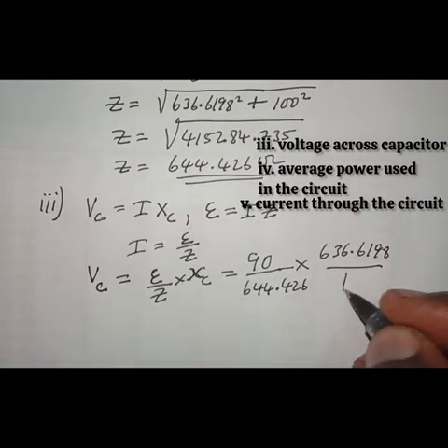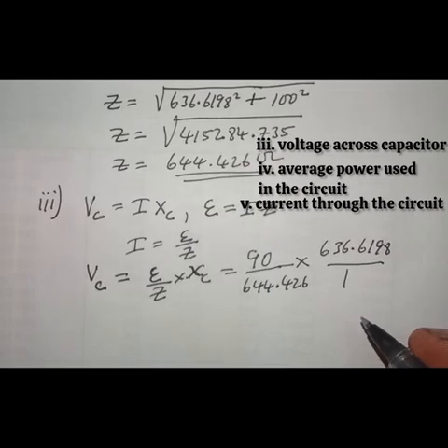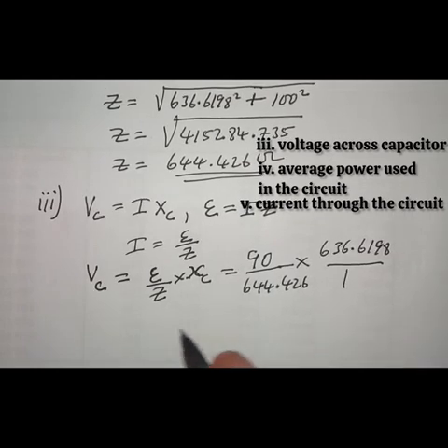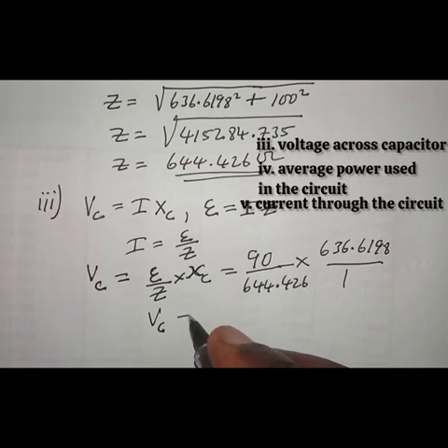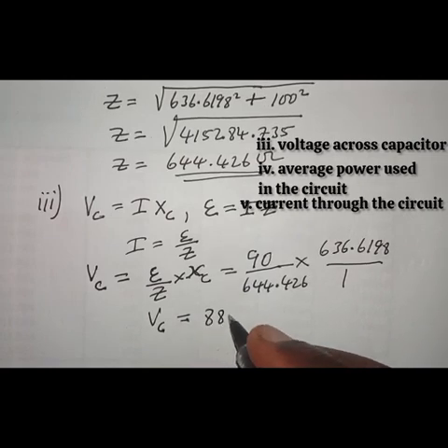When this is properly computed, the voltage across the capacitor will be 88.91 volts, and we've gotten that.